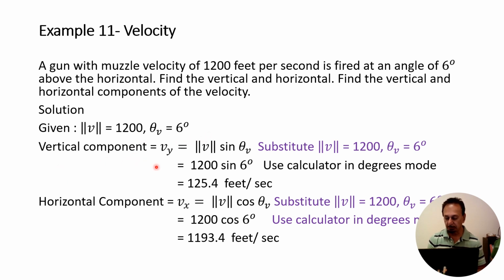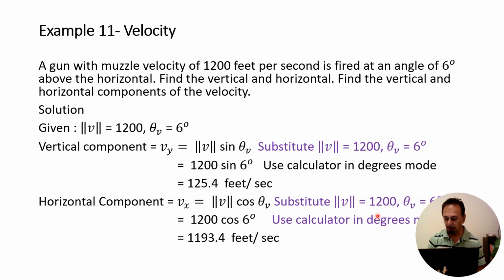The vertical component, which we denote by v sub y, is the magnitude of v times sine theta v. The horizontal component is v sub x, which is the magnitude of vector v times cosine theta v.